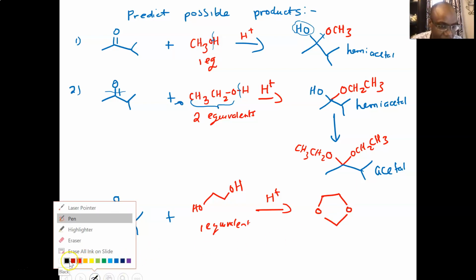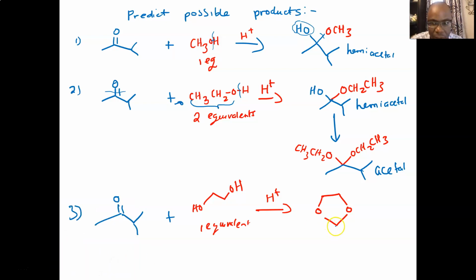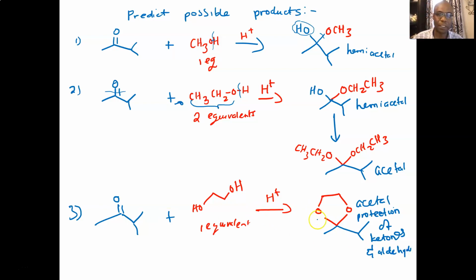We talked about that and said that this reaction is carbonyl protection. Okay, we use the ring to do protection of ketones and aldehydes. So let's say you are doing Grignard reaction. You'll want to protect the carbonyl before you do Grignard.